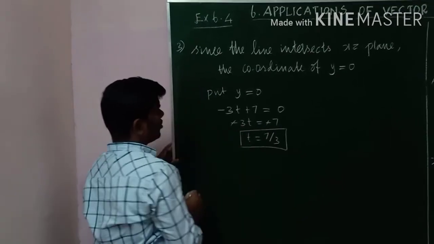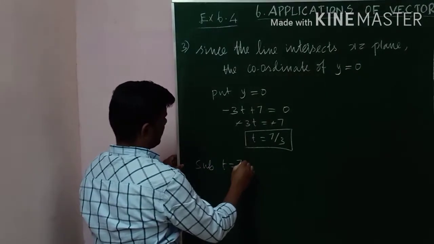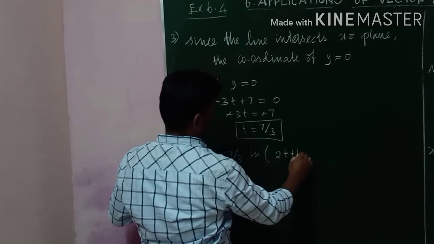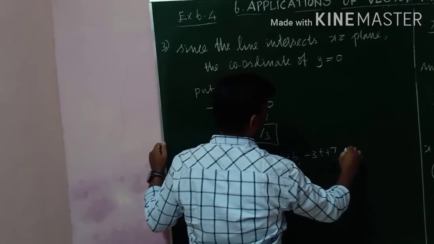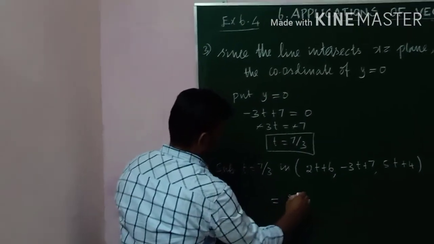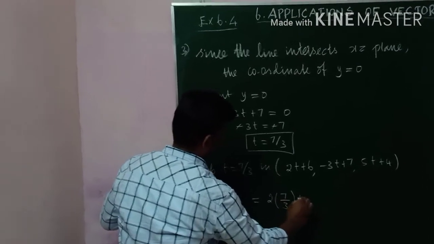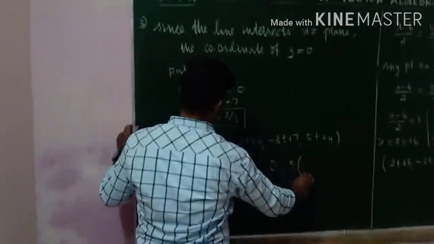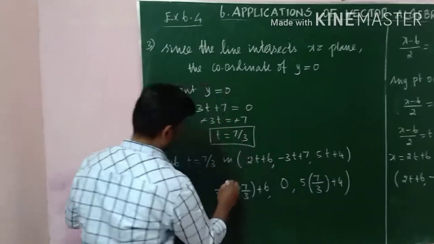So substitute t = 7/3 in (2t + 6, -3t + 7, 5t + 4). You will get 2 into 7/3 plus 6, here the y coordinate is 0, plus 5 times 7/3 plus 4.